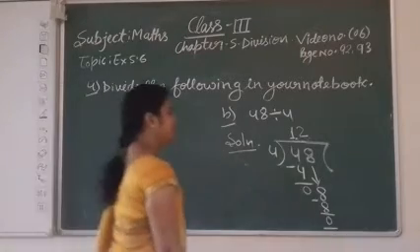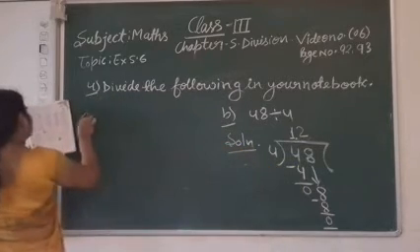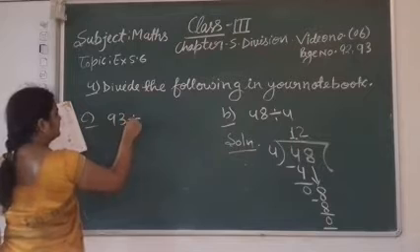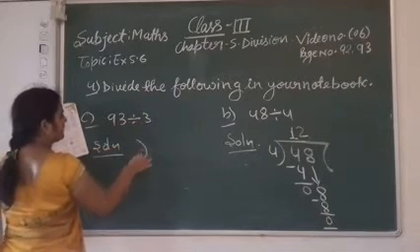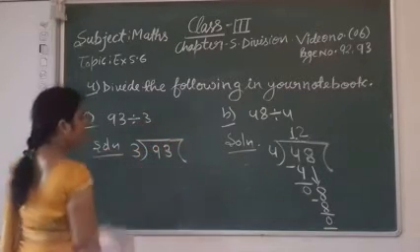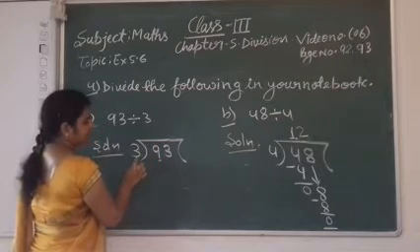Now the C part is 93 divided by 3. So this is 93. So first you divide 9 by 3.